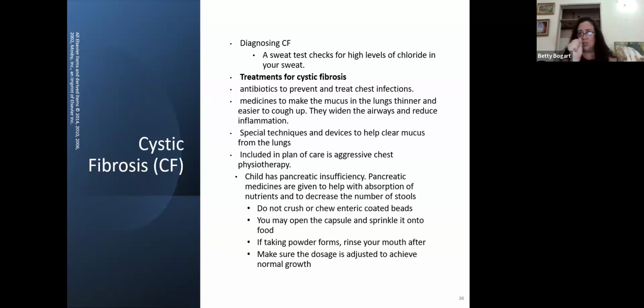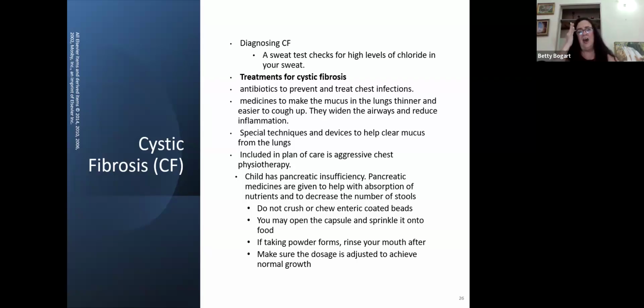Those little beads, you can't crush them, but you can put them on a little food, because these must be taken with meals, immediately before meals. If they use the powder form of this pancreatase, it's just like some of those asthma medicines where you have to rinse your mouth out because it affects the enamel on your teeth.